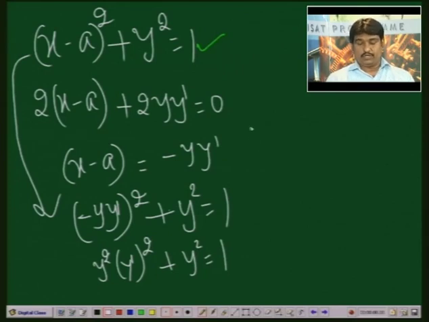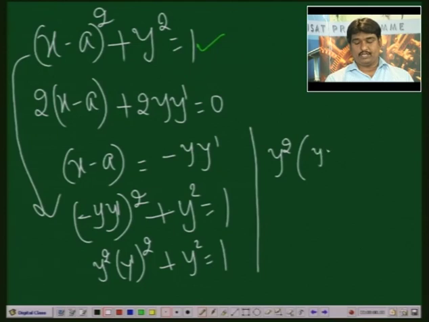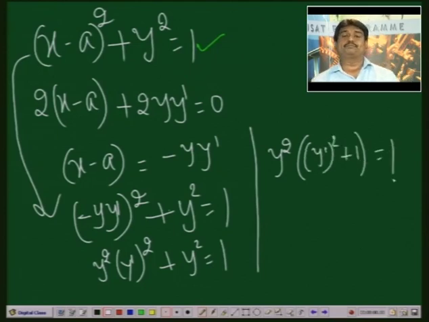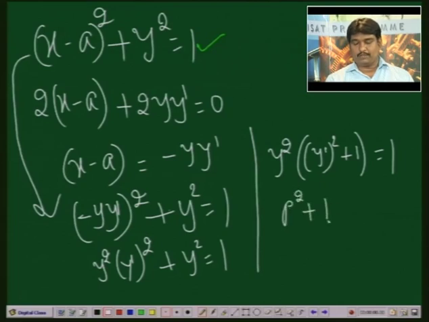I'll take y square common. Then it is y square into y dash whole square plus 1 equals to 1. Now divide by y square, y dash is p, it is p square plus 1 equals to 1 by y square.